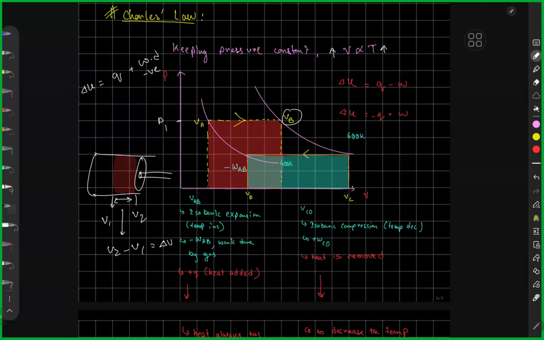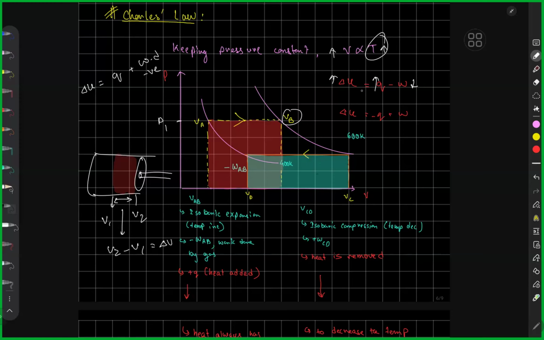How did we figure it out? I simply looked at what happens with temperature. That is my indication of what's happening to internal energy. I saw the temperature increasing, so I know internal energy has to increase. If internal energy has to increase and my work done is negative, then the only way the equation makes sense is if heat is supplied to the system.